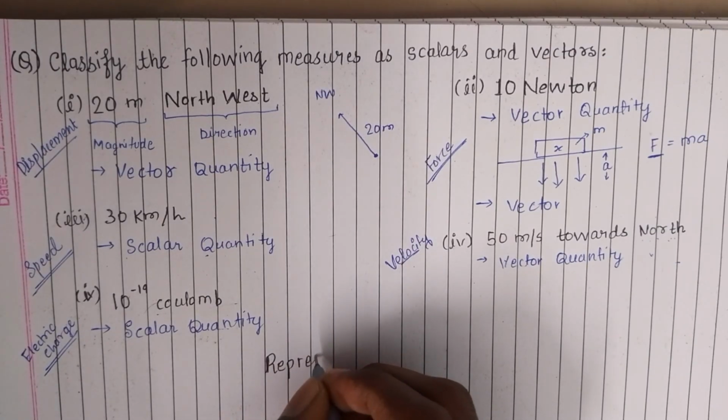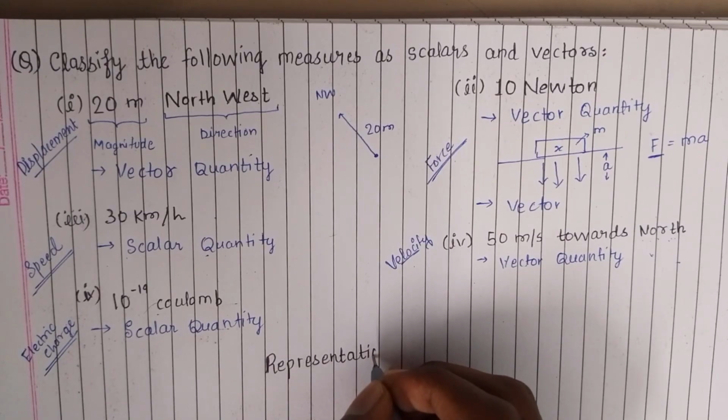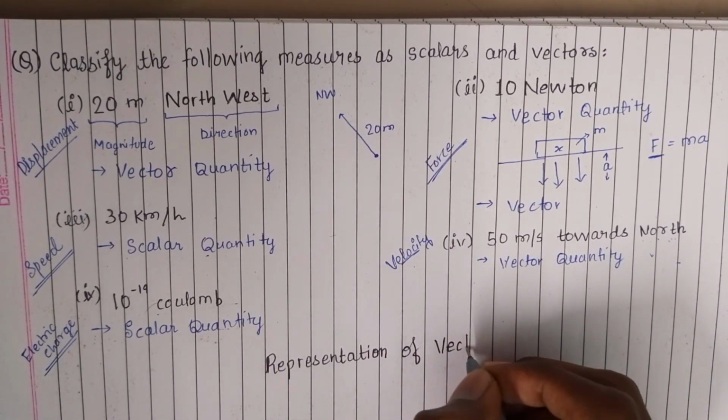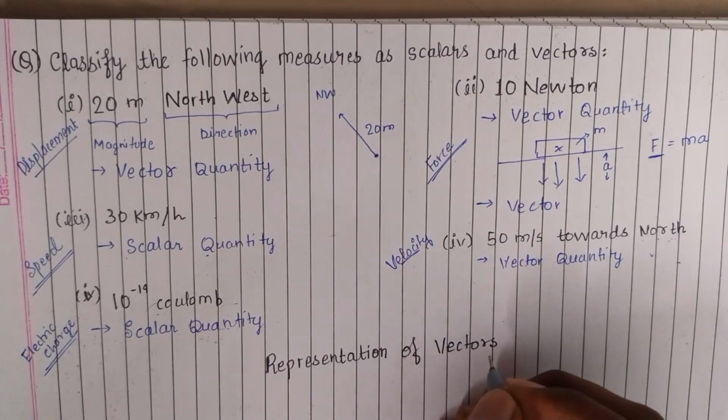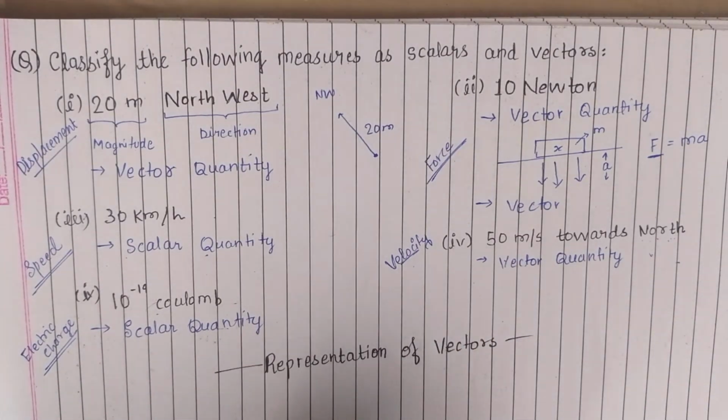Representation of vectors. Means how we will represent vectors. That's a question. Everything is represented by something. For instance, addition. Simple addition, 2 plus 2 equals 4. So how do we represent addition?